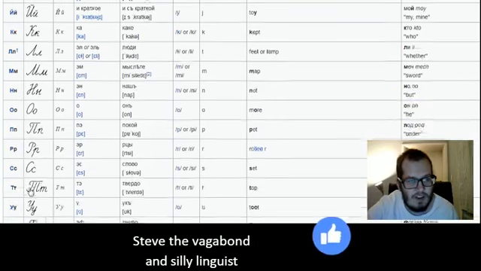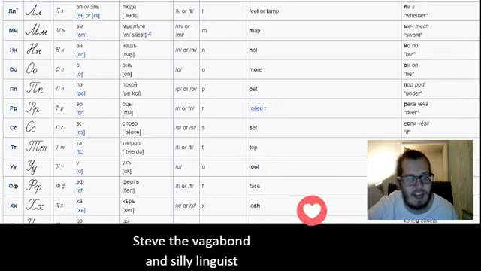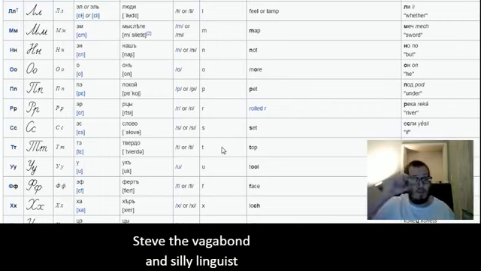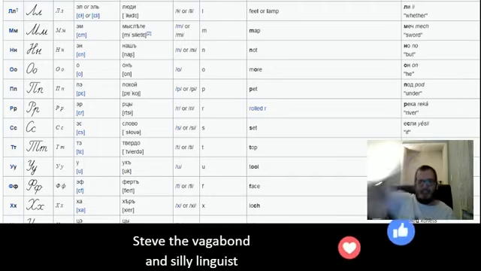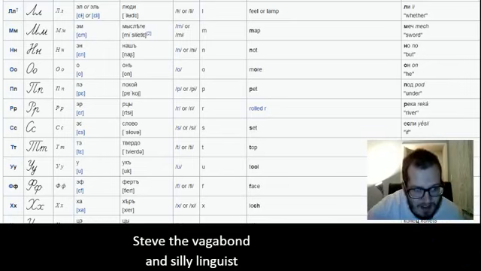Then we've got this one that looks like a P. That actually comes from the Greek pi. In Greek what happened is that in the Latin alphabet we've got a P-looking thing like that. Can I draw here?